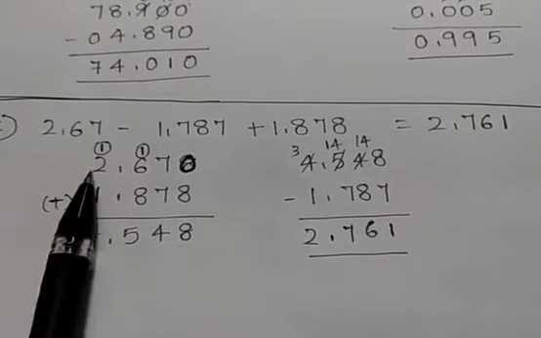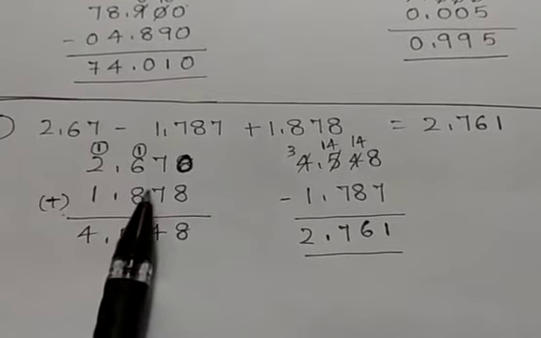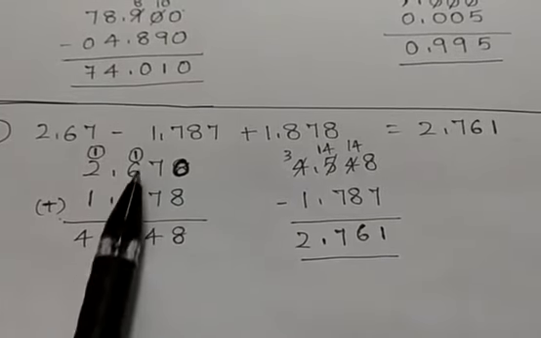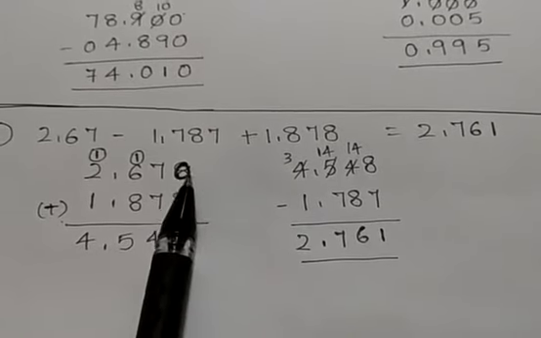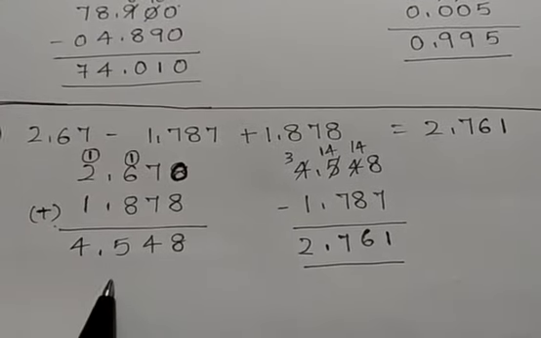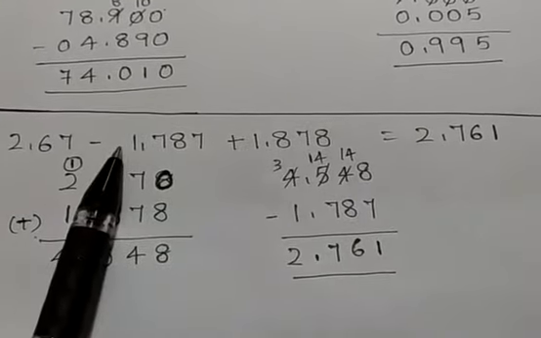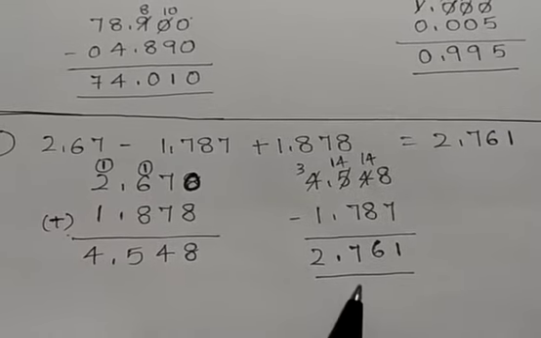So take 2.67 and 1.878. We should add these two numbers. Here we have three digits, so I have just placed one zero here. I'll get the answer. Take the answer and subtract from it the third number, which is given with the negative sign. If I subtract, I'll get the final answer.